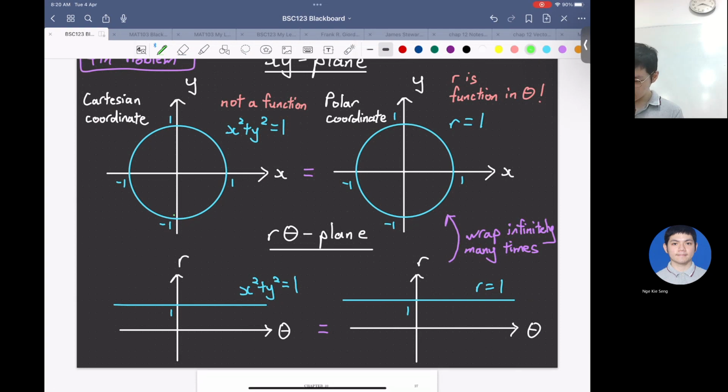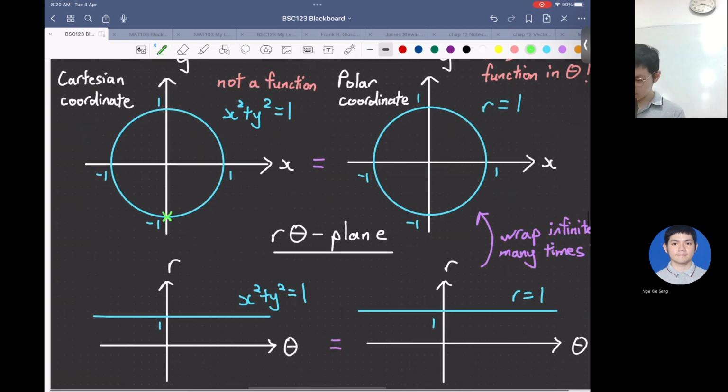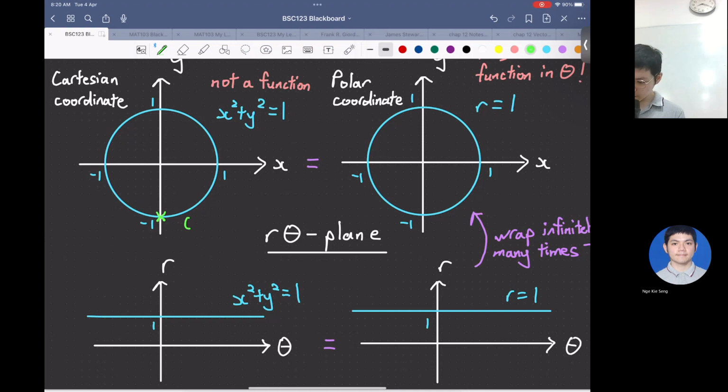Just now it had the same name, a coincidence. So now let's pick this one, 0, -1. Now correct. So how about here? This 0, -1 will become 1, 3 pi over 2. So you have a different name, but you still live on the same plane.